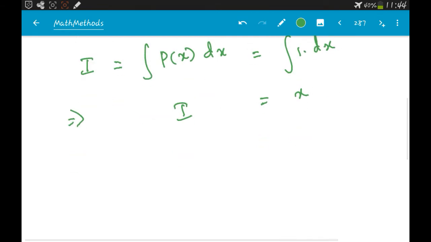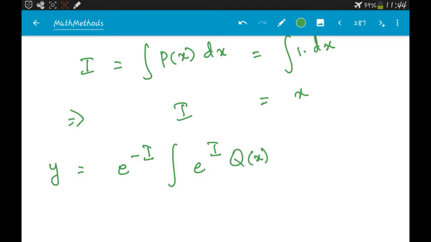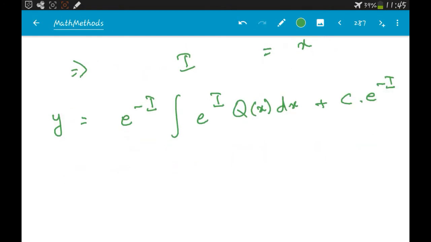And what is the formula for y? Y is e power minus I, integral of e power I q of x dx plus c into e power minus I. So we have e power minus x, e power plus x.